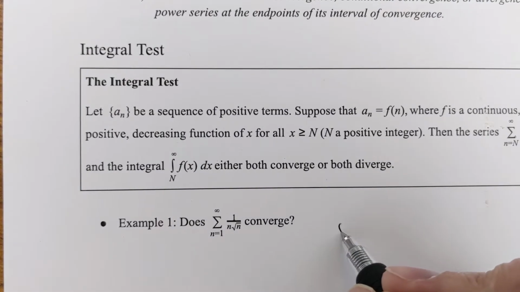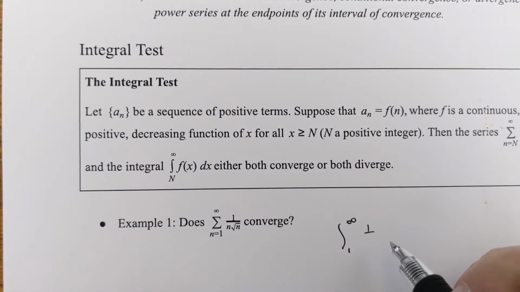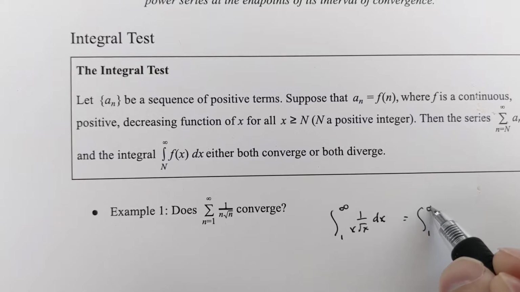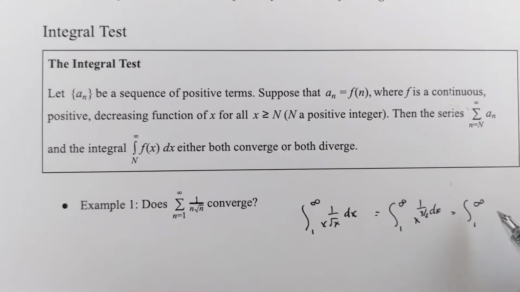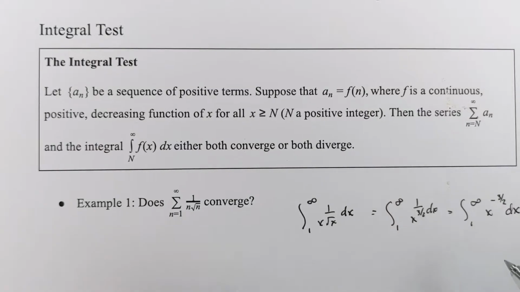So I can try this instead. The integral of 1 over x root x dx. This is the same thing as 1 over x to the 3/2 dx, which is the same thing as x to the negative 3/2 dx.